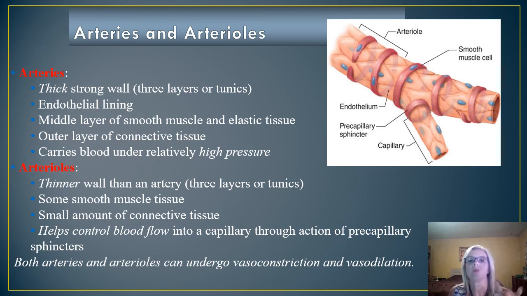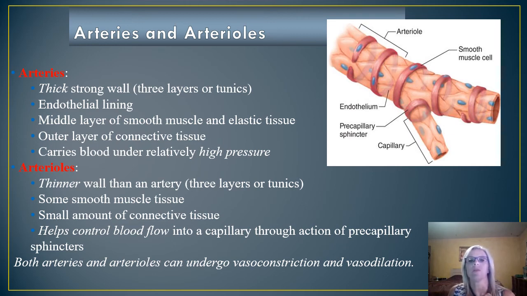Endothelial lining is going to secrete some substances that inhibit platelet aggregation. In other words, platelets sticking together or clumping together, and that's going to help prevent those blood clots. Also other substances that dilate and constrict blood vessels.